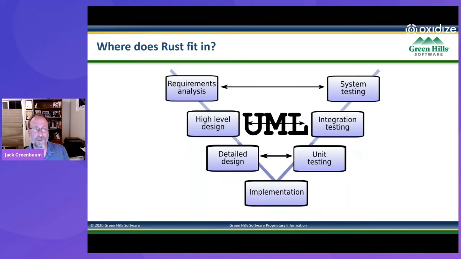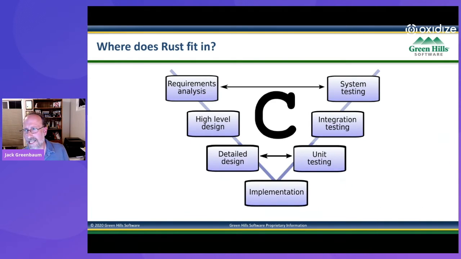Maybe you have other compiled code from other authoring systems like UML or other model-driven tools like from system design companies like MathWorks. But in the end, it's a C world. All of the processes that get you to implementation and then back up are geared around a C-compatible ABI.